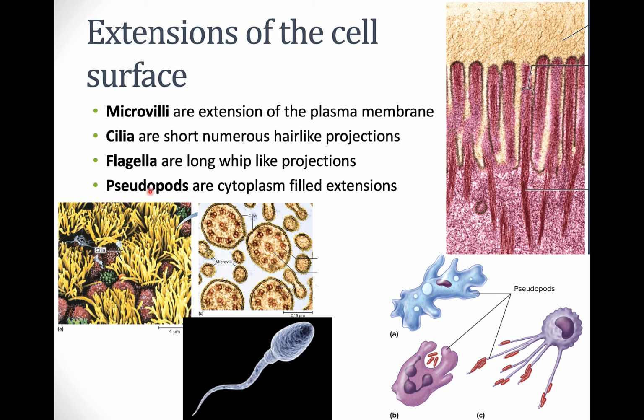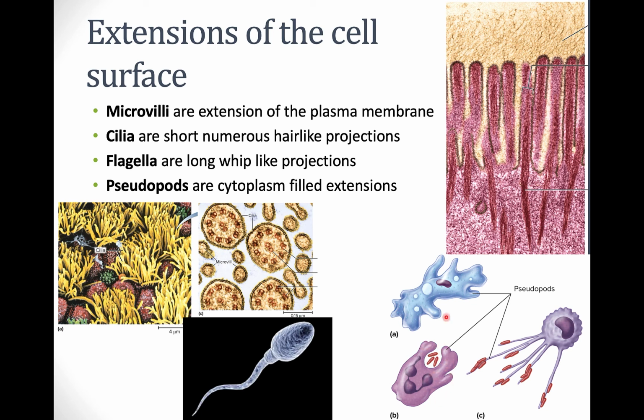A pseudopod. The prefix pseudo means fake or false, and pod means foot. So pseudopod literally means fake foot. And these are pseudopods. They can be long and skinny. They can be kind of fat and bulbous. What they are is they just send extensions out, and then the cytoplasm fills these in. These extensions can be used in absorbing things.